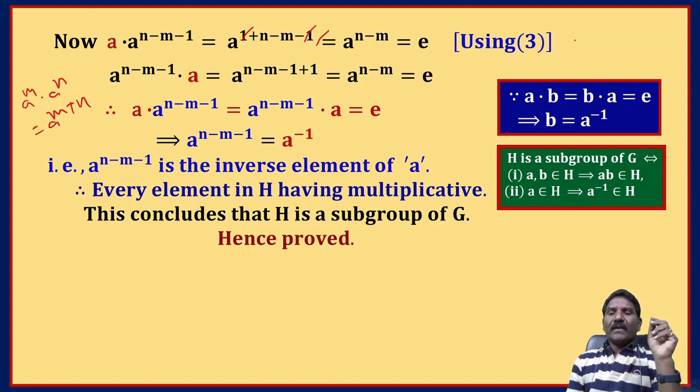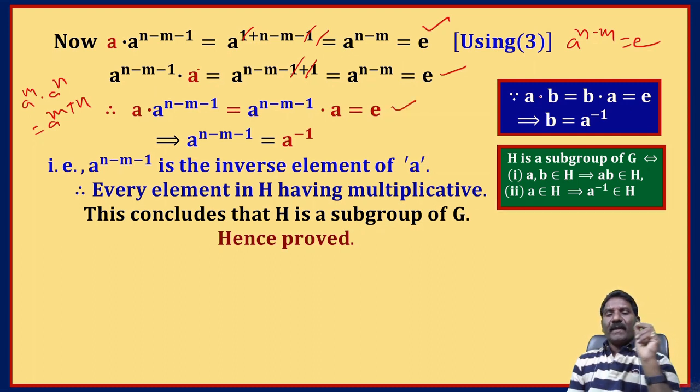Using 3, a power n minus m is equal to e. Again, a power n minus m minus 1 into a is a power n minus m minus 1 plus 1, and the 1 cancels. This is a power n minus m, which is e. Therefore a into a power n minus m minus 1 equals a power n minus m minus 1 into a, which equals e.